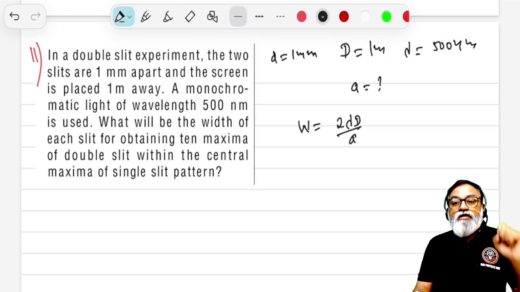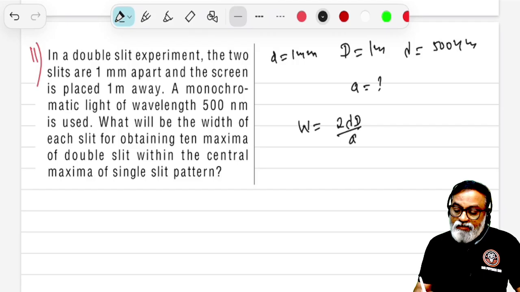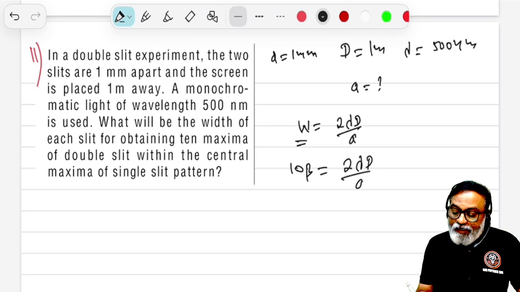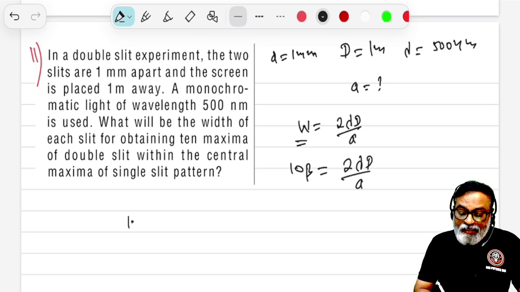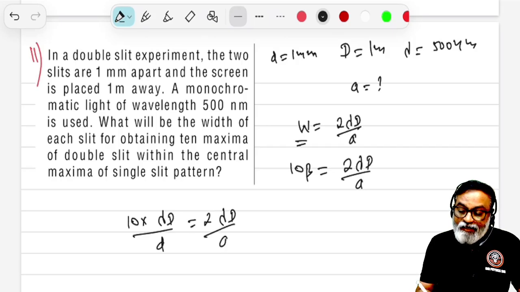In that central maximum, there are 10 maxima of YDSE. Therefore, this W is equal to 10 beta, that is equal to 2 lambda D by a. Therefore, 10 beta means lambda D by d, that is equal to 2 lambda D by a.